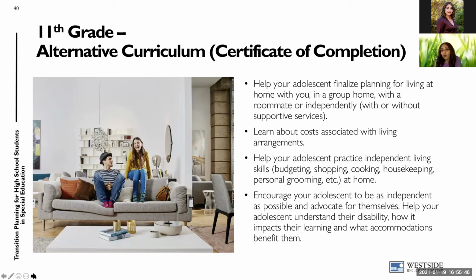And also help them be as independent as they can, because if they want to live outside of the home, they would have to do a lot of things independently and be able to complete certain tasks to be able to successfully realize their dreams. So we want to make sure that we support them as much as we can and allow them to practice their independent skills. Next.